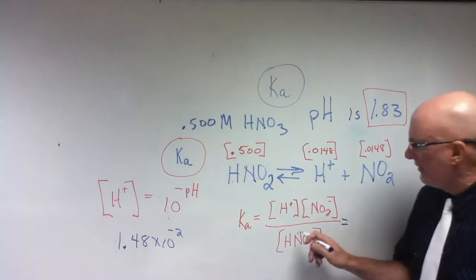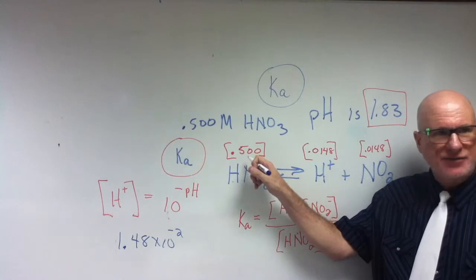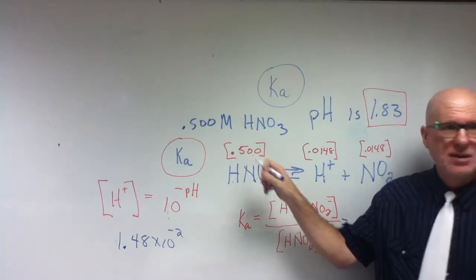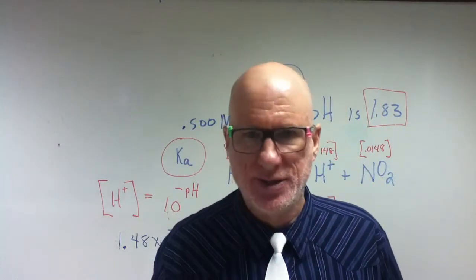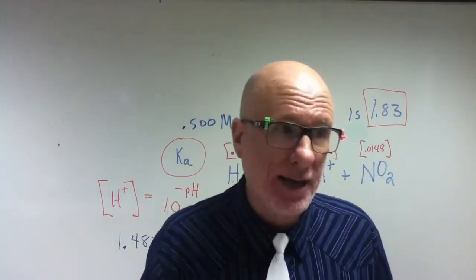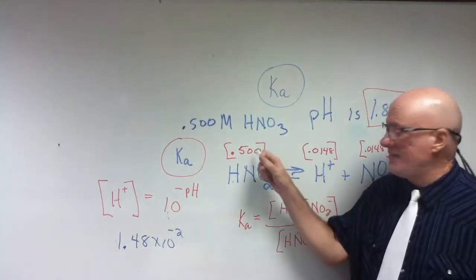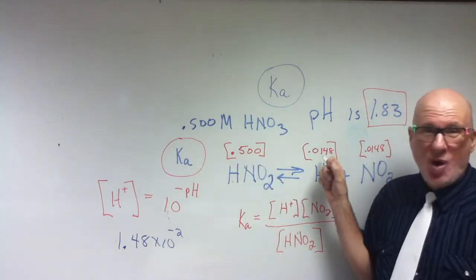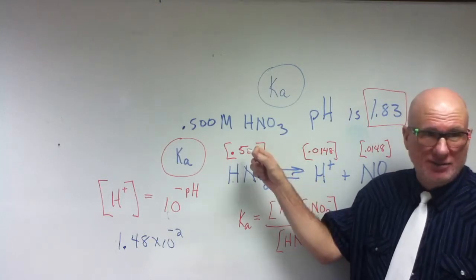Now remember, if I produce 0.0148, don't I have to subtract it from there? Yes or no? Yes. But I'm not going to do that just for now. I'll do it when you guys leave. Because sometimes the acid is so weak, that's so small, it doesn't matter if you subtract it off. You see? That's so small that the effect is negligible.